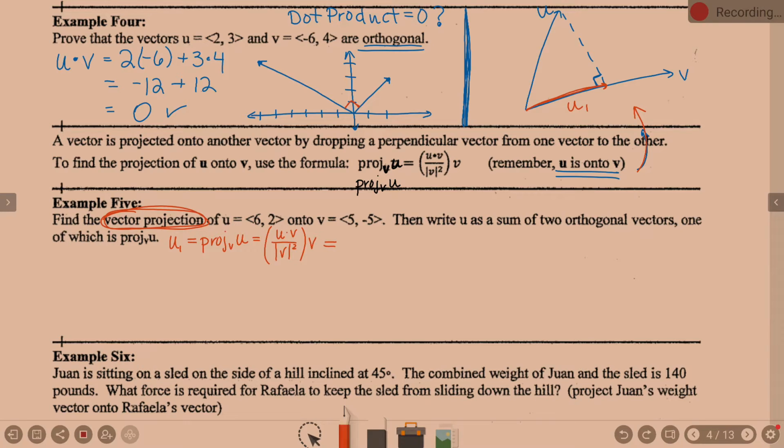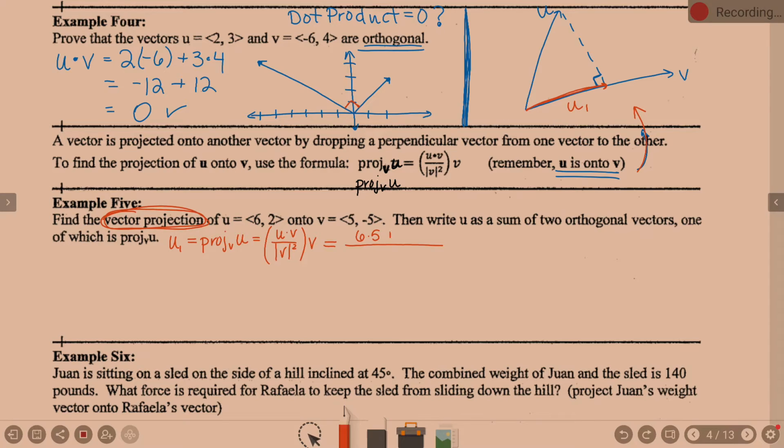Okay. Can we go ahead and fill in the math here? On top, do we know how to do U dot V now? That's the one thing you're going to walk out here with today, minimum, right? U dot V. So first times the first plus second times the second.